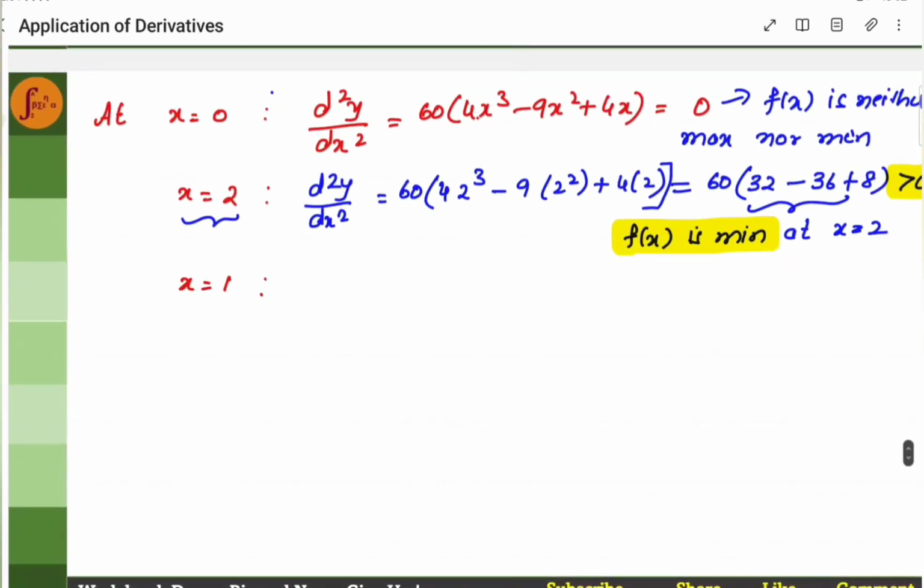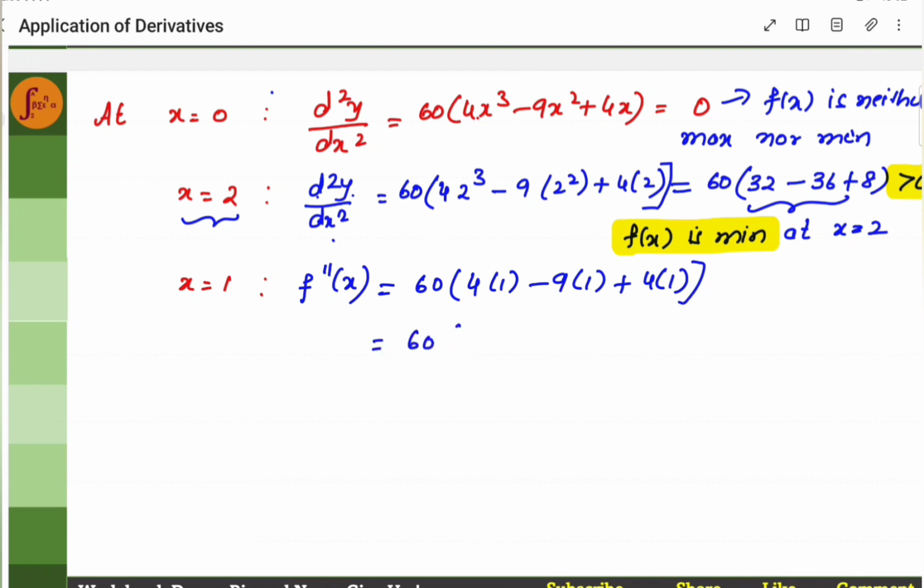Now we'll do the same thing at x is equal to 1. I'll write this double derivative. You can write either d square y by dx square or f double dash of x. Now I'll substitute 1. So 4 into 1 minus 9 into 1 plus 4 into 1. So I'll get 4 minus 9 plus 4.